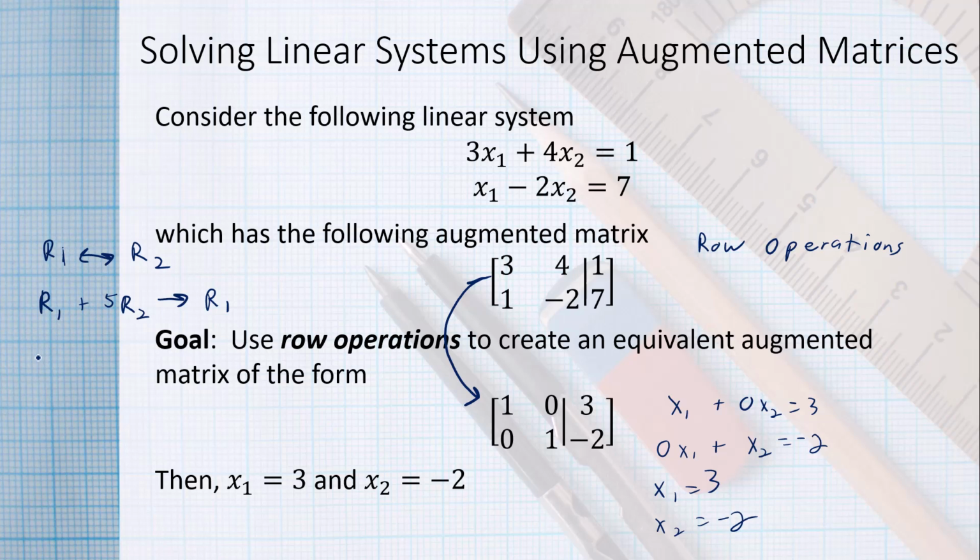Or you can take a particular row, say row 2, multiply it by, say, negative 1/2, and replace that with row 2. Those are the 3 row operations that we can do.